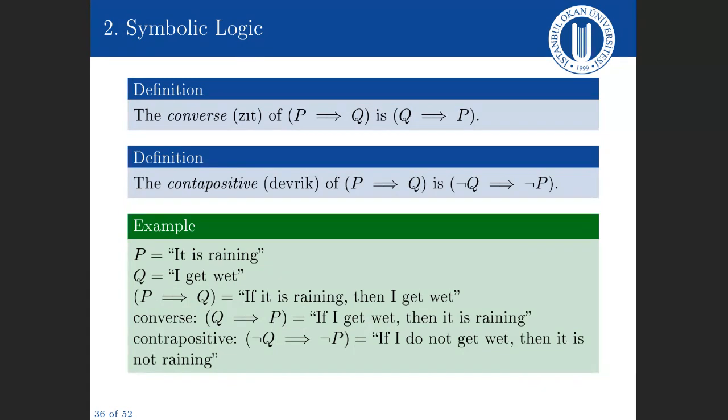The converse of P implies Q is Q implies P. And there's another word that mathematicians use. The contrapositive of P implies Q is not Q implies not P.